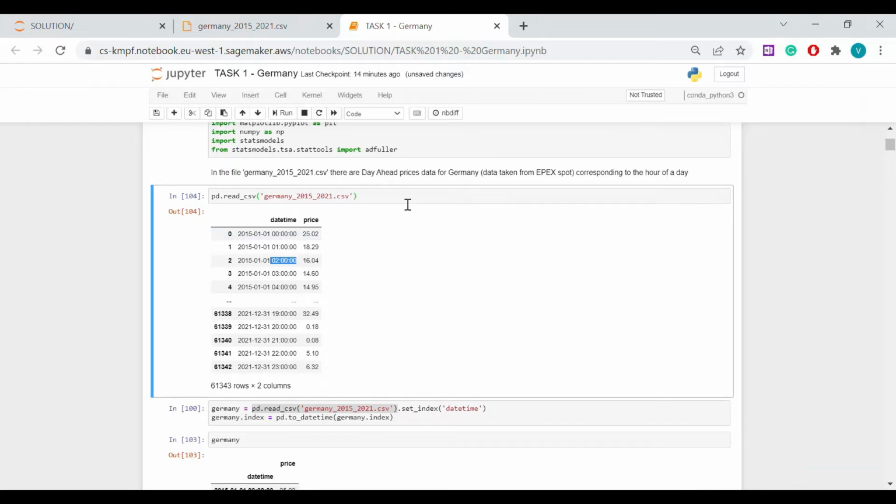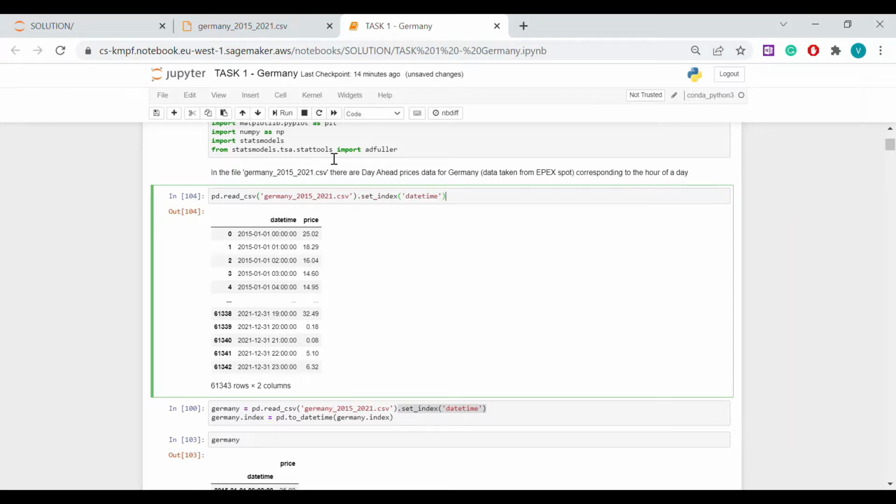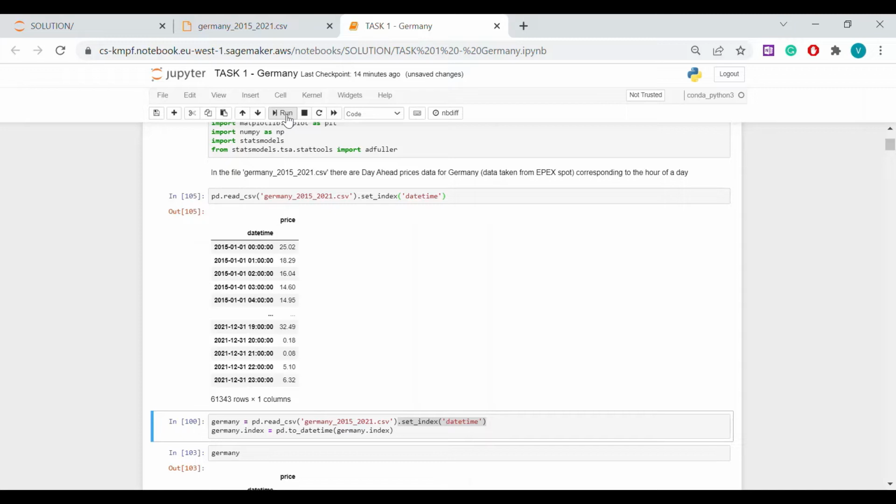In order to operate with our data in a more convenient way, we will set the column datetime as the index of the data frame. Again, we have a special function in the Pandas library to do so. So now we can see that we have only two columns, one of which is the index, the datetime.